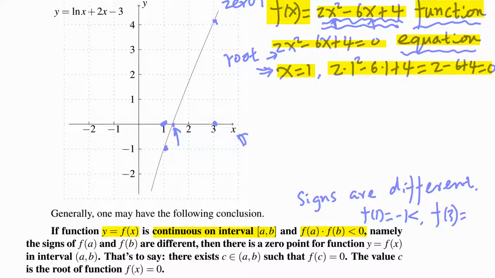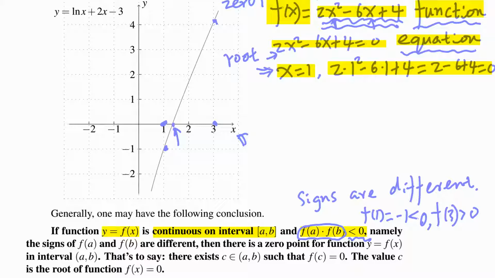F of 3 is a value which is positive. So of course the product will be negative times positive. The product of these two values should be negative.